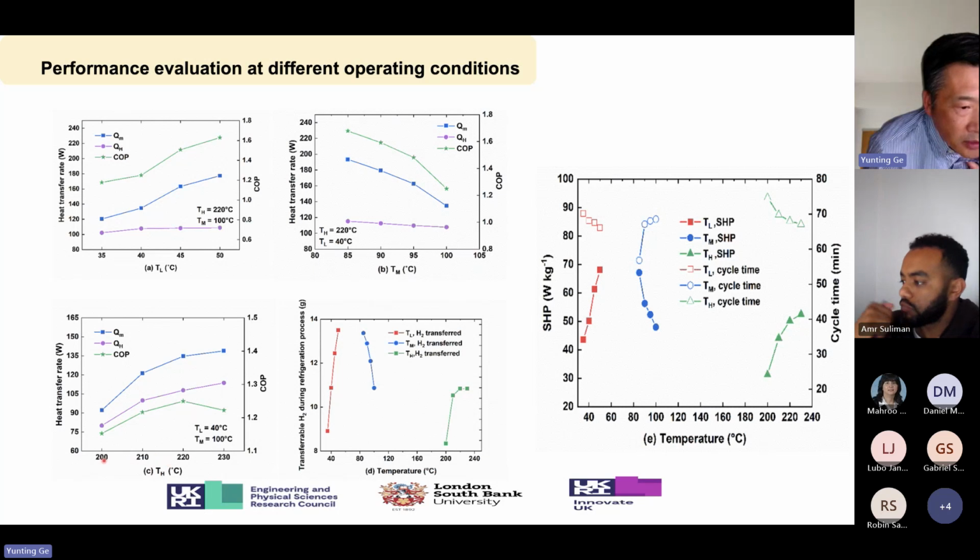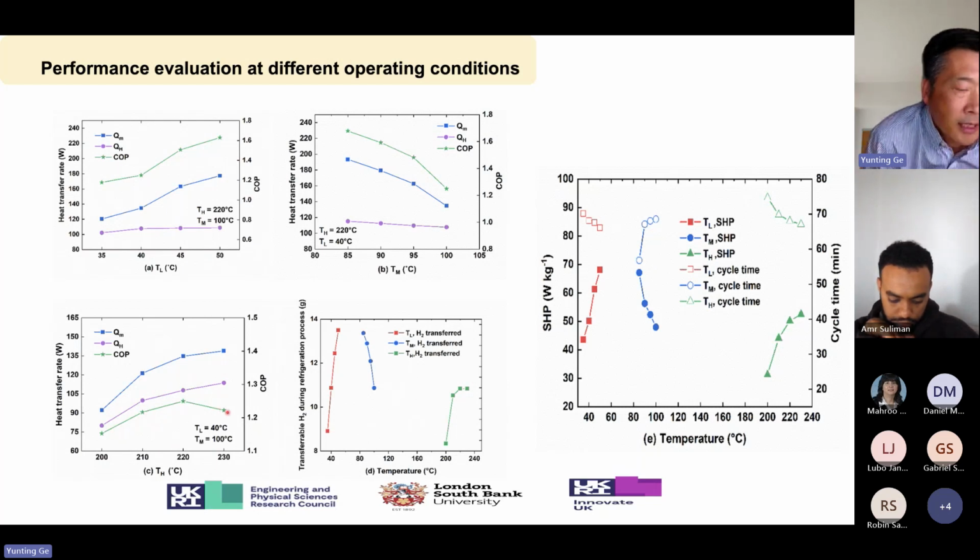And for the effect of high temperature heat source temperature on the system performance, when you increase it, the heat source input will increase and the heat output will increase. But the COP increases first and then decreases. That means there is an optimal high temperature heat source temperature so that the COP of the system can be maximized.